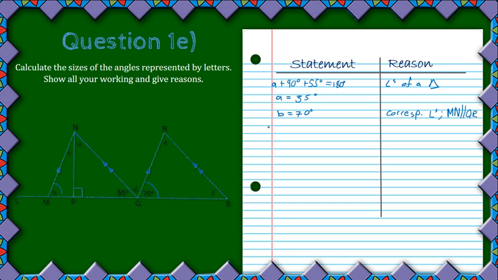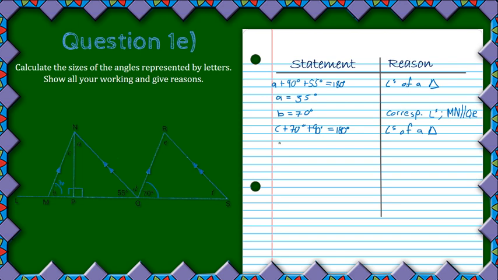Okay, and then for C, so here we have angles in a triangle again. So if we know that this is 70, this one we know is 90, then we have that C plus 70 degrees plus 90 degrees is equal to 180 degrees. And our reason is angles of a triangle.